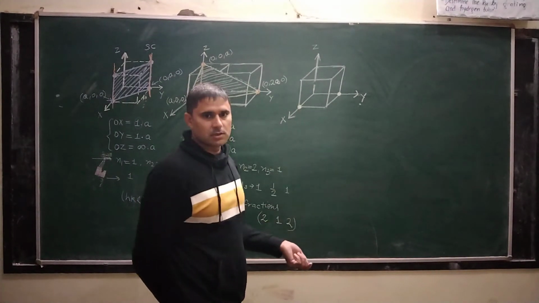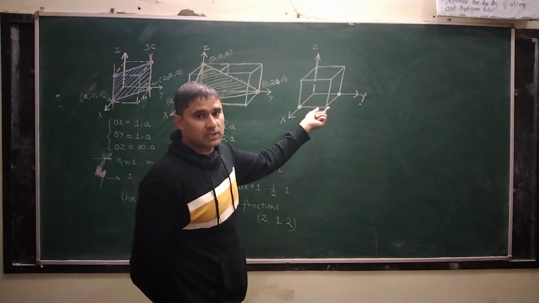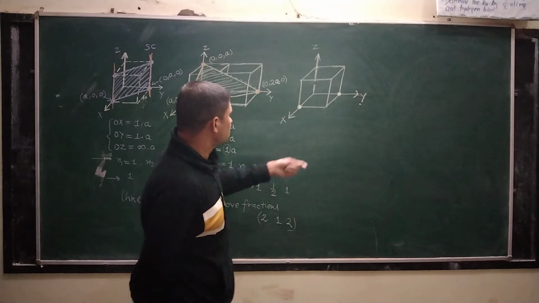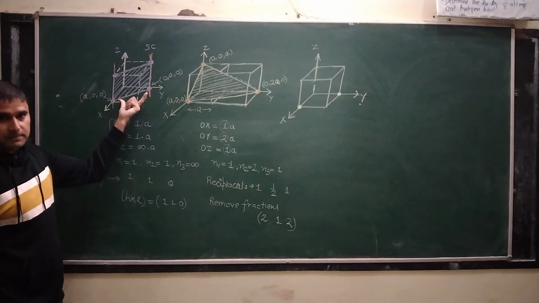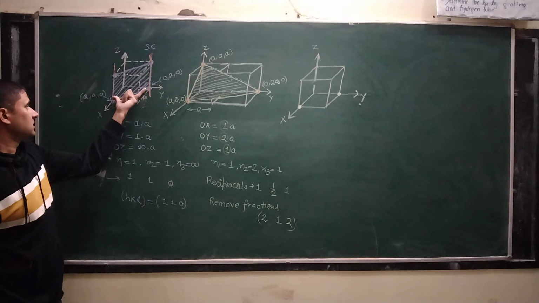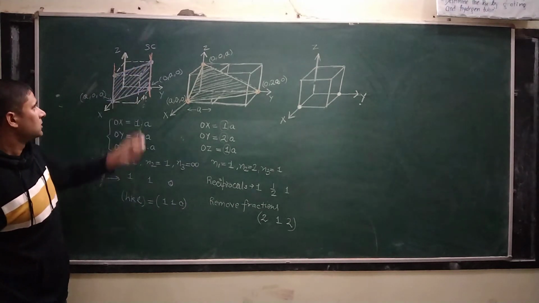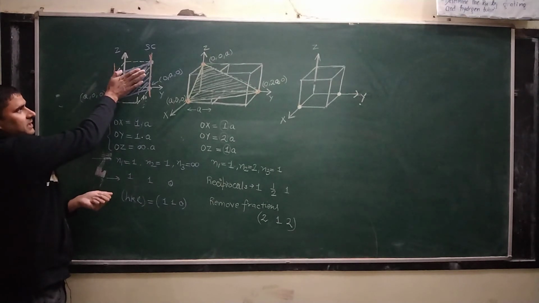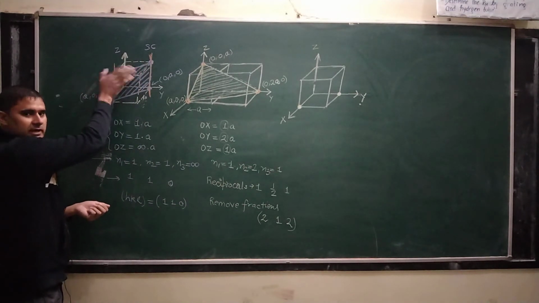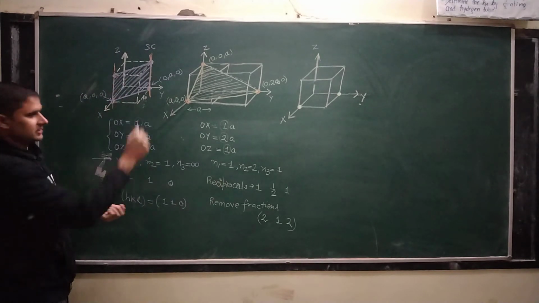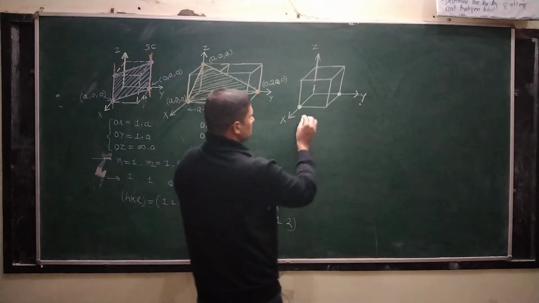Okay class. Now see, this is a cube, and we have a plane which is passing through these corner lattice points. Now you can tilt this plane either towards you or towards the z direction. Now the third case, you will find this example in your book.